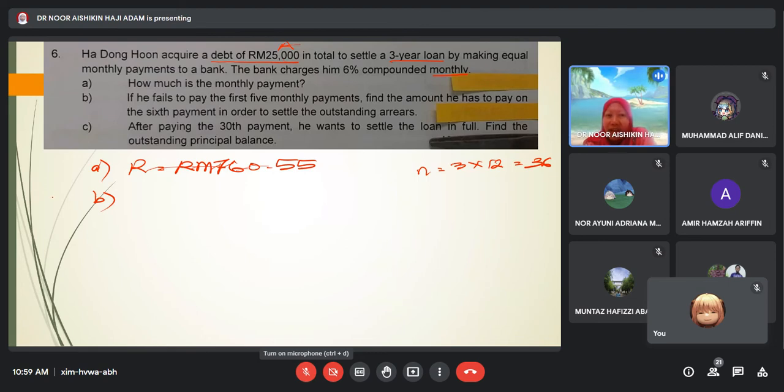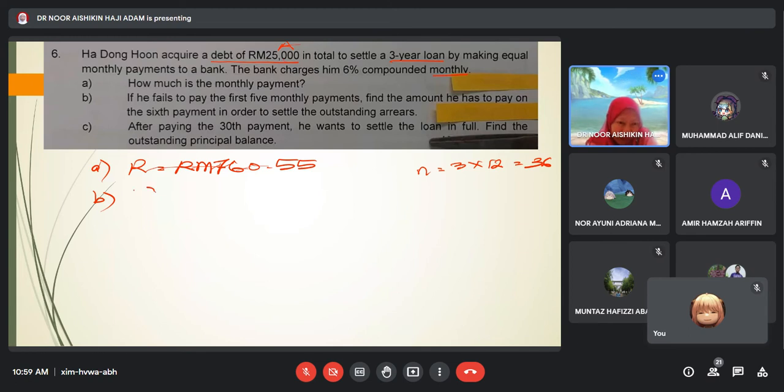Part B. You nak cari A ke S? S. Kenapa S? Sebab dia gagal bayar pada 5 bulan pertama. Tiba-tiba on the 6th month dia nak bayar.